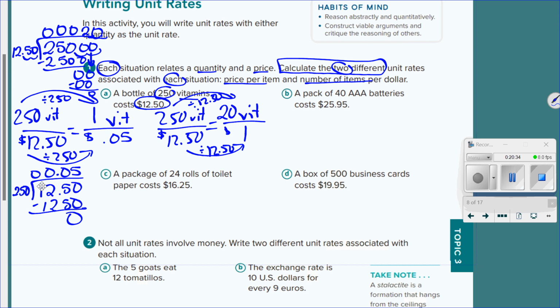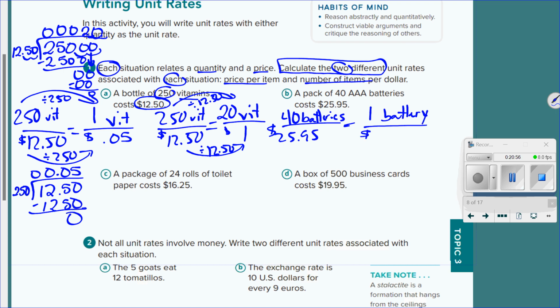Okay, guys. Our next one. We have 40 batteries for $25.95. So we're gonna do this twice. So I'm gonna go to one battery and some amount of dollars.